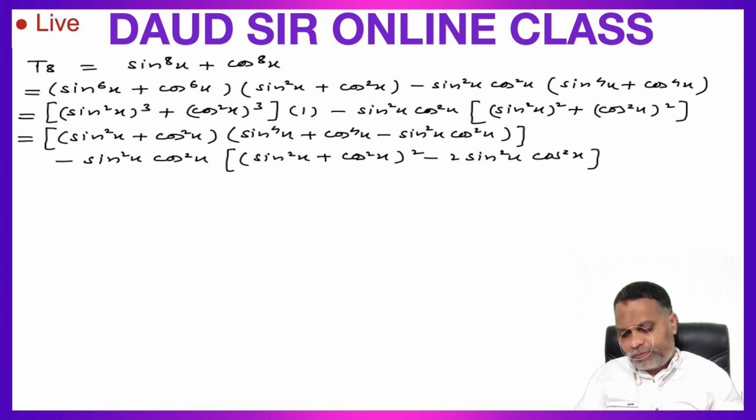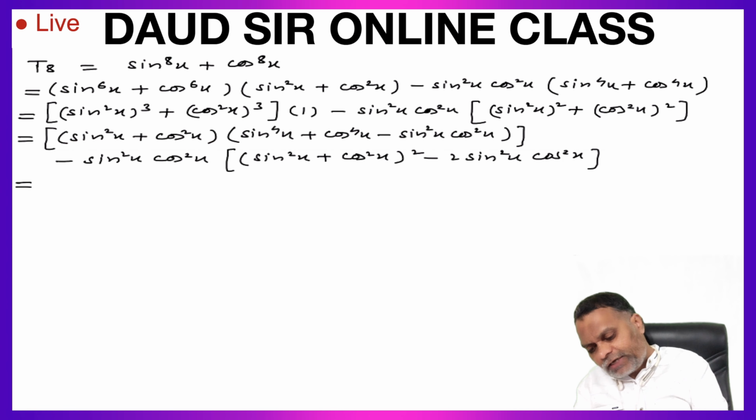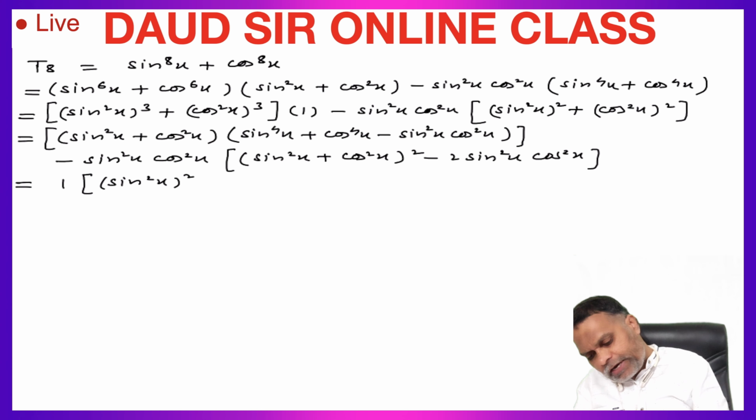Carefully solve this. This sin square x plus cos square x is 1, and here this sin raised to 4x again, sin square x whole square plus cos raised to 4x, cos square x whole square, minus sin square x into cos square x.